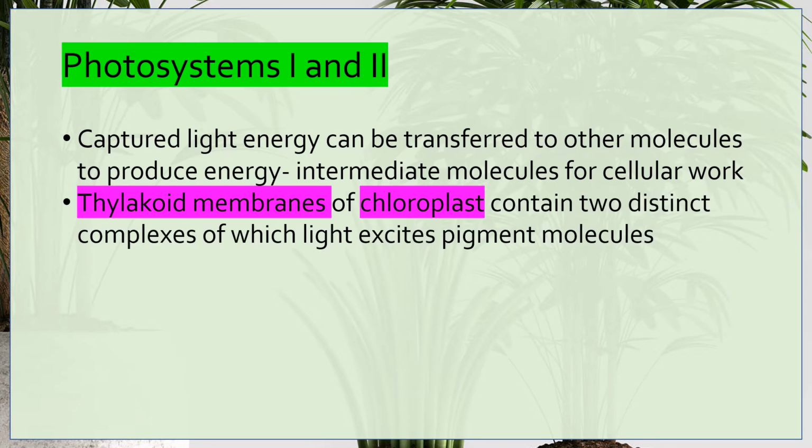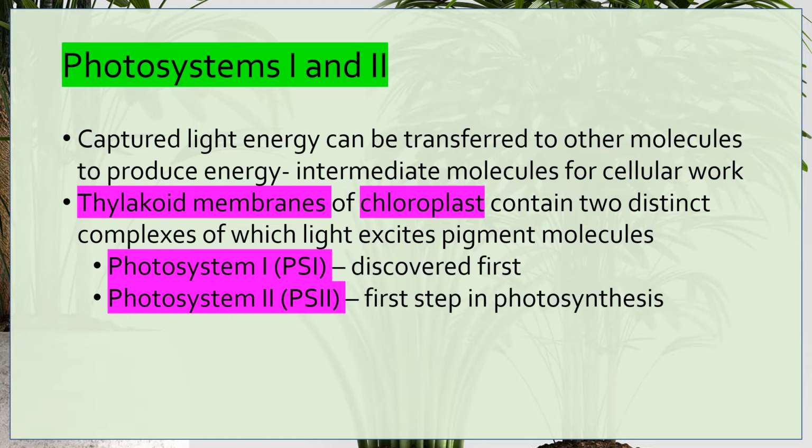Thylakoid membranes of chloroplasts contain two distinct complexes in which light excites the pigment molecules. We have photosystem 1, which was discovered first, and then photosystem 2, which is actually the first step in photosynthesis.